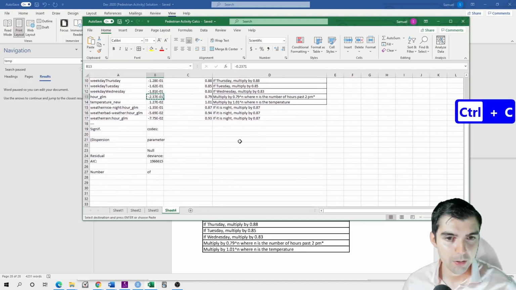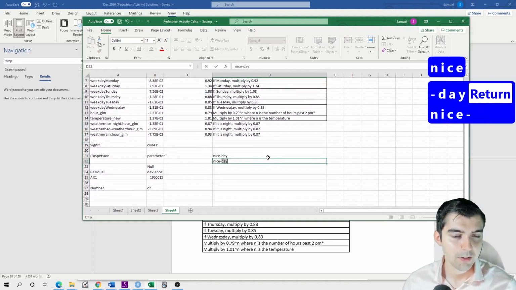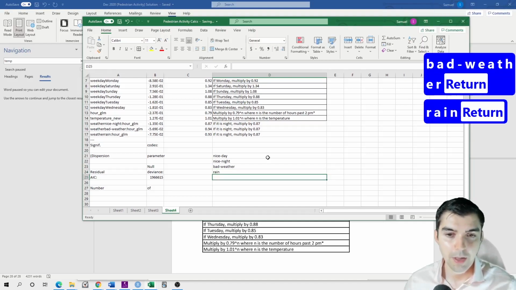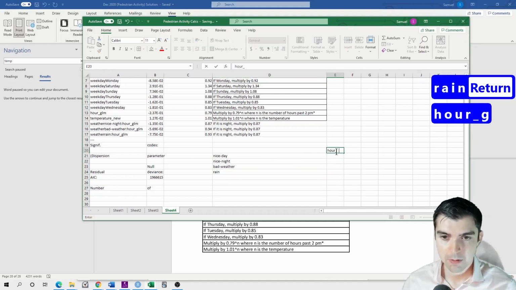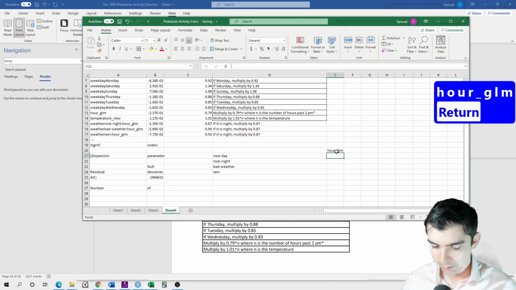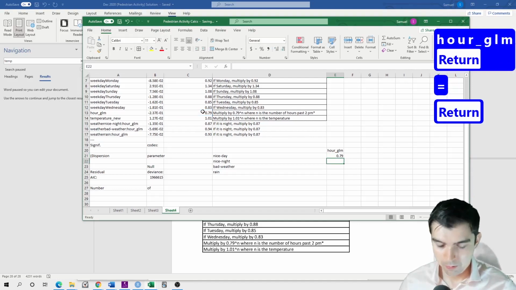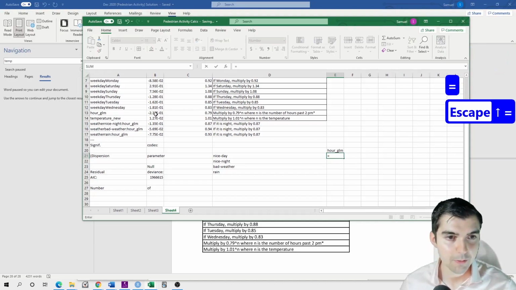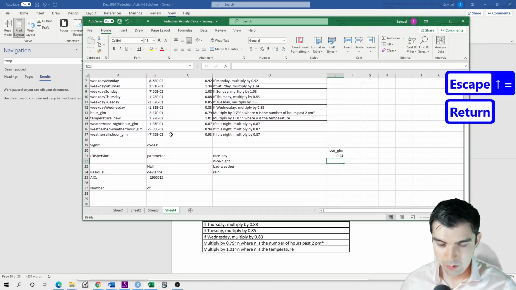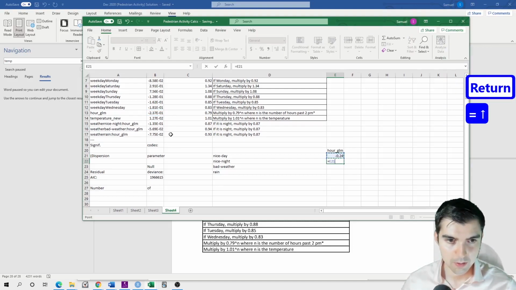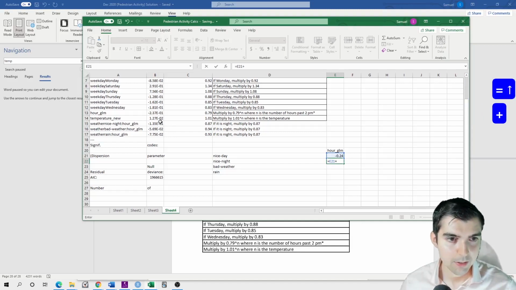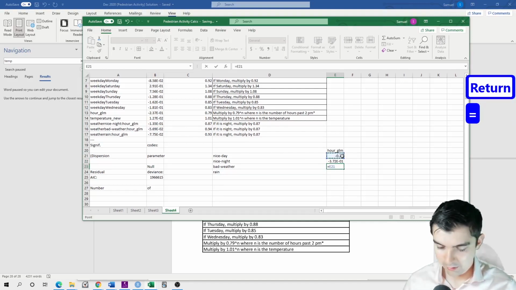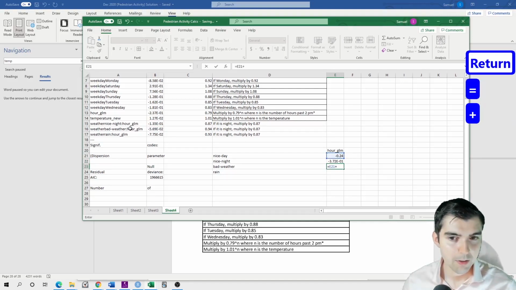This could be, so if it's nice weather, nice night, bad weather, or rain, then the hour GLM is either this, or it's this plus this, or it's this plus this.